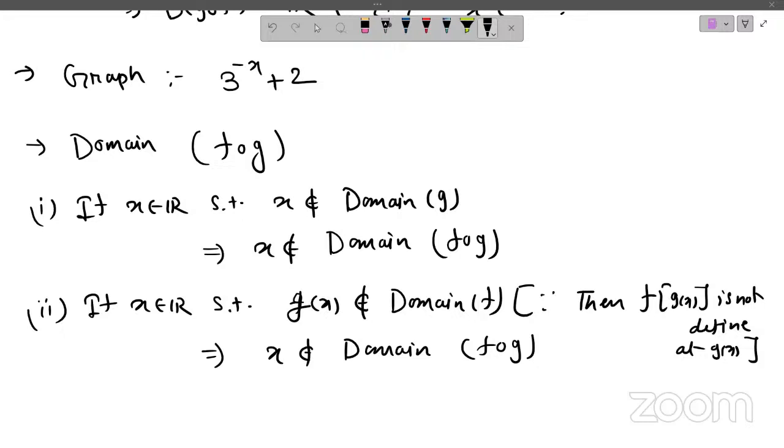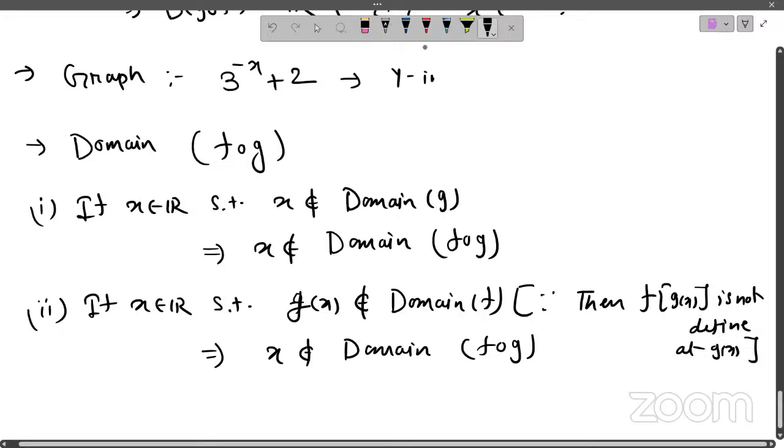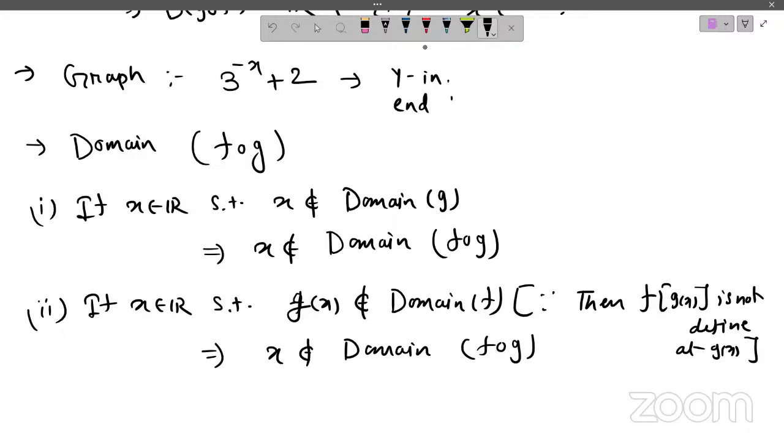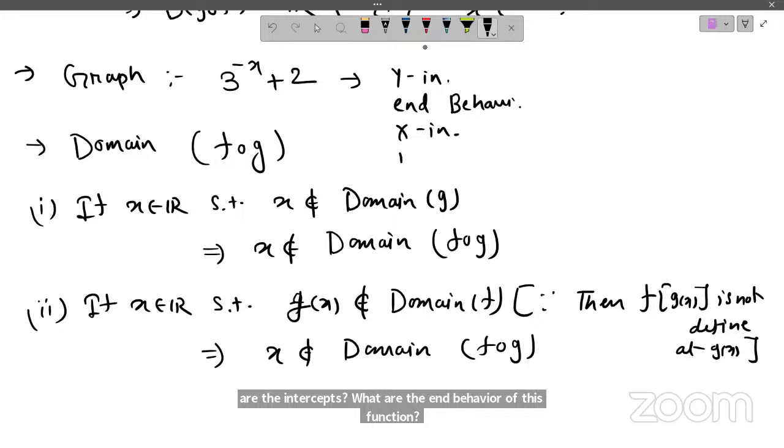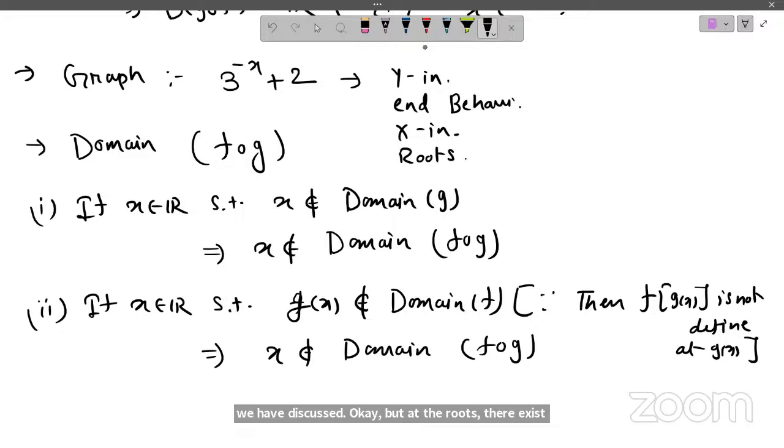And also see what the y-intercepts are, what the end behavior of this function is, what the x-intercepts are, and all other properties which we have discussed till now. What are the roots? Do there exist any roots or not? Think about this for 2 minutes, then we will discuss it.